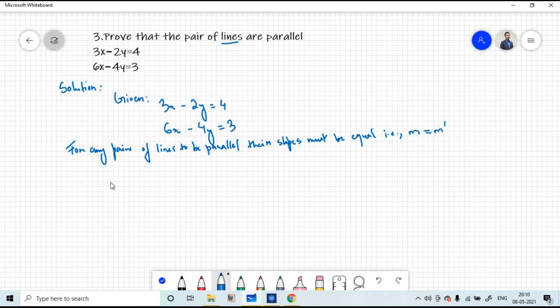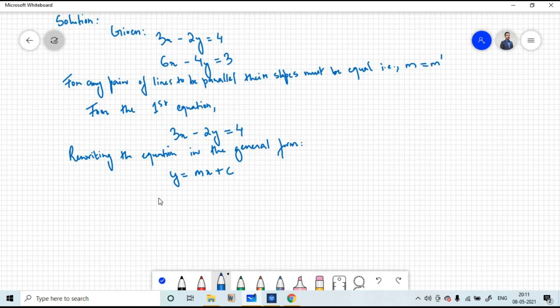Now let us solve for the first equation and find its slope. In order to find the slope of the given equation, we need to rewrite it in the general form. So we will keep the term involving y on one side and transfer 3x to the other. If we transfer 3x to the left hand side, its sign will change.